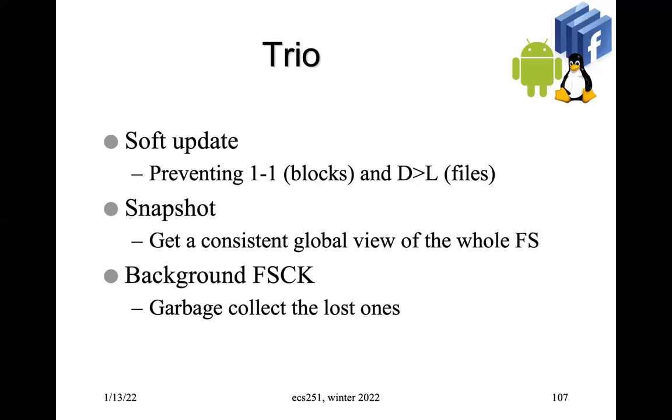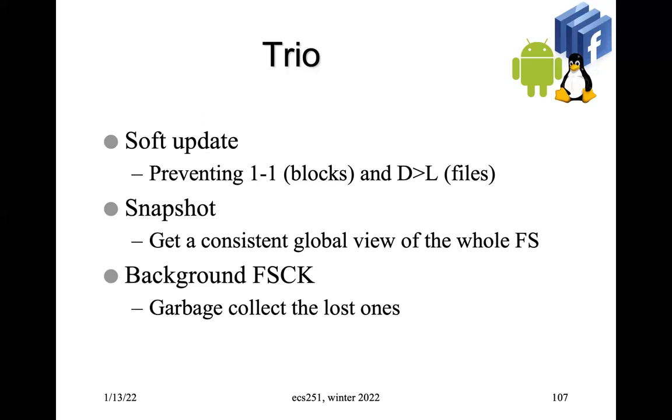I might have some disk blocks or files that need to be garbage collected, but don't worry, the background FSCK is going to do garbage collection in that case, while soft update prevents these two from happening, allowing the user to directly use the file system immediately.